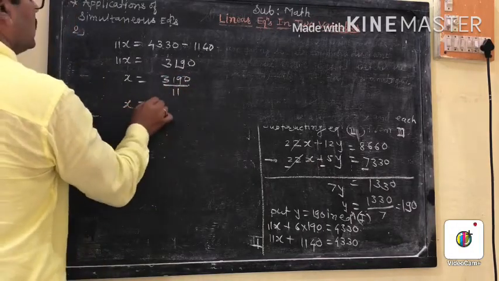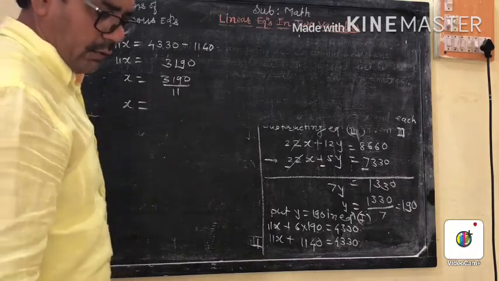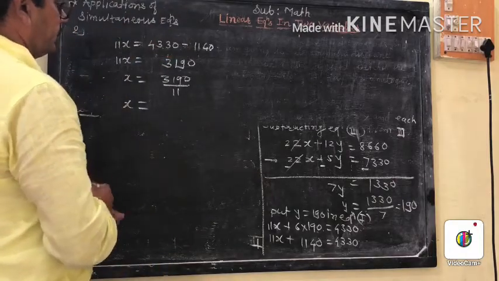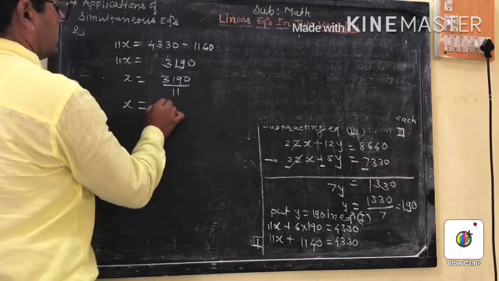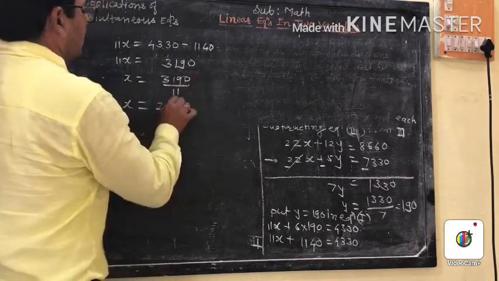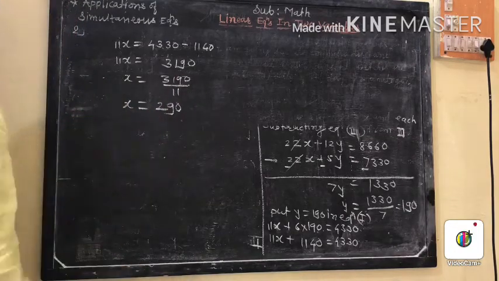Divide both sides by 11. You get the value of x is equal to 290.